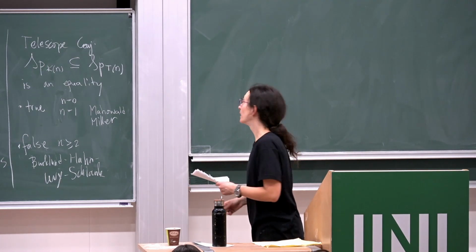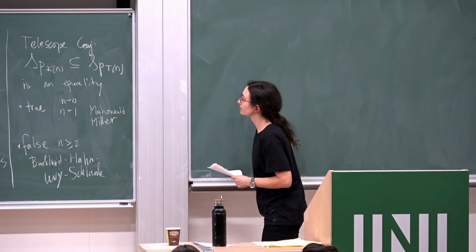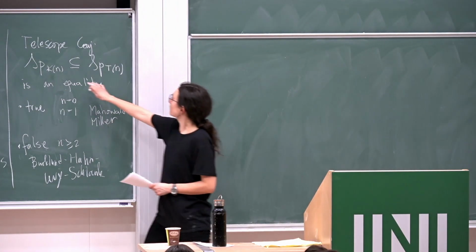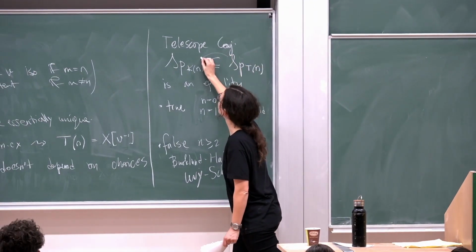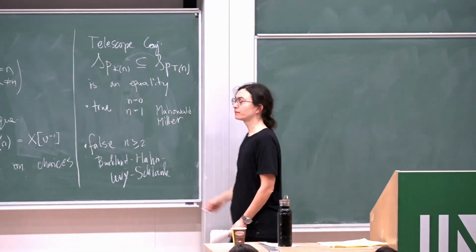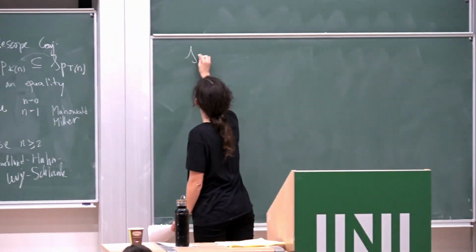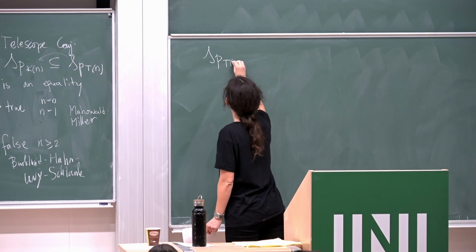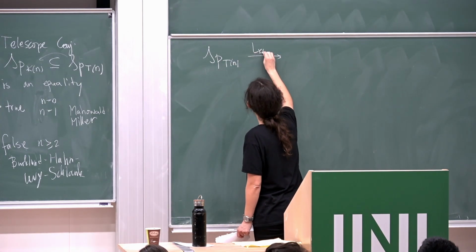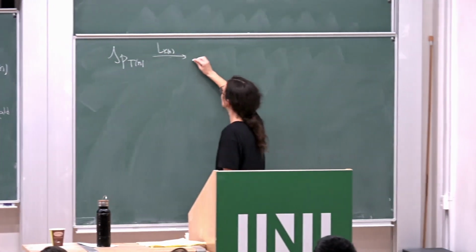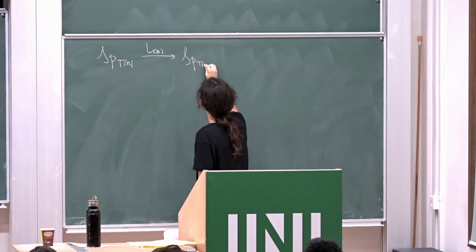So we have this inclusion, and there's also a localization functor back. From Tn-local spectra, we can localize to Kn-local spectra.